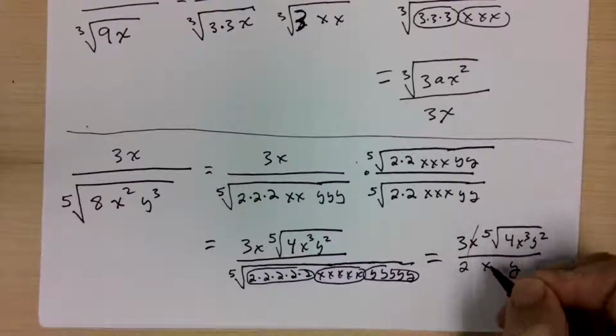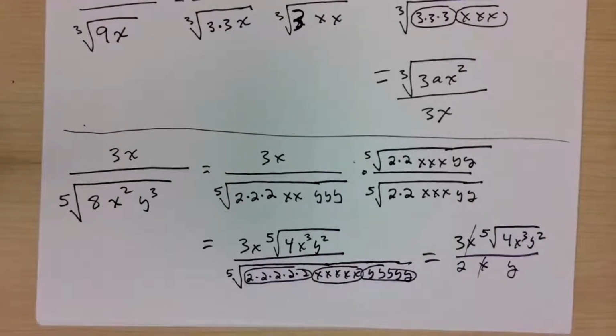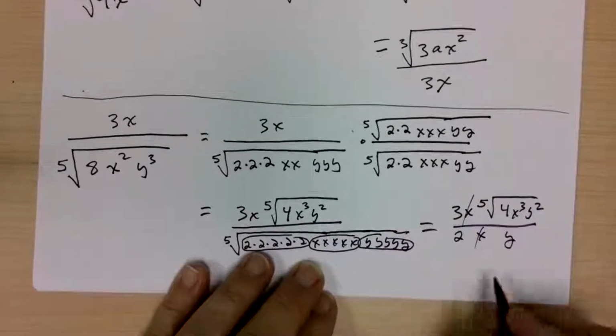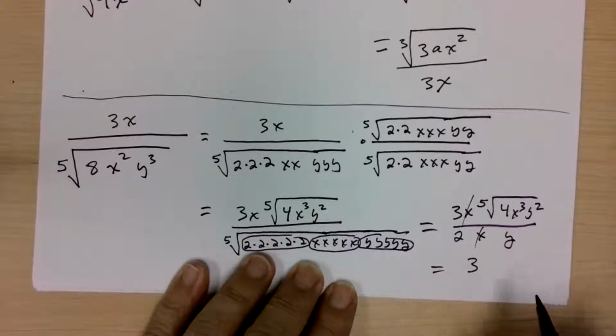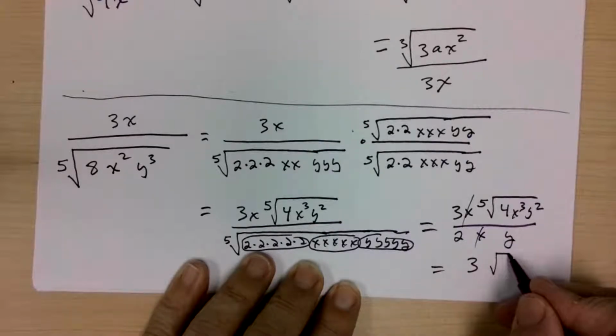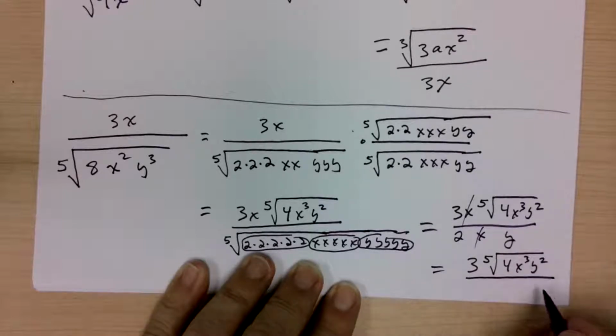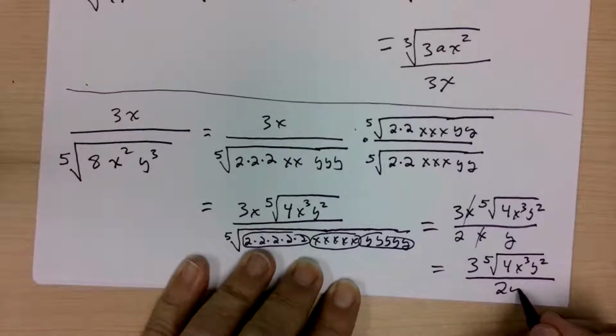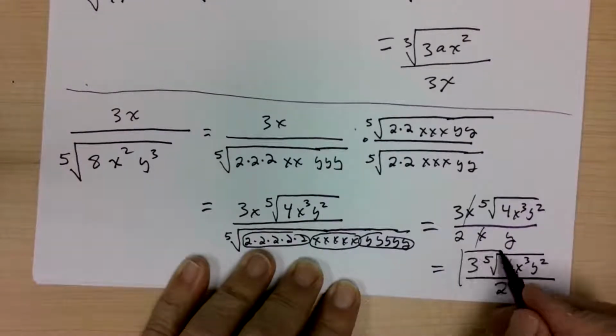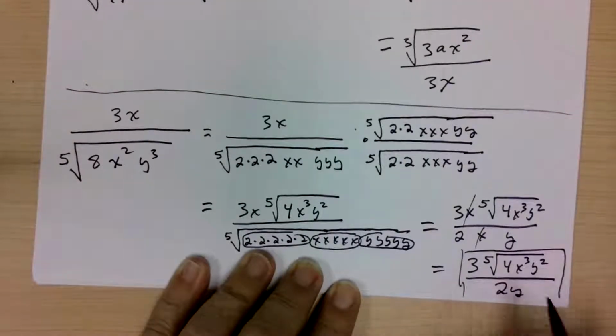The x upstairs and the x downstairs are both outside the radicals. So my final answer will be 3 times the fifth root of 4x cubed y squared, all divided by 2y. That will be our final answer.